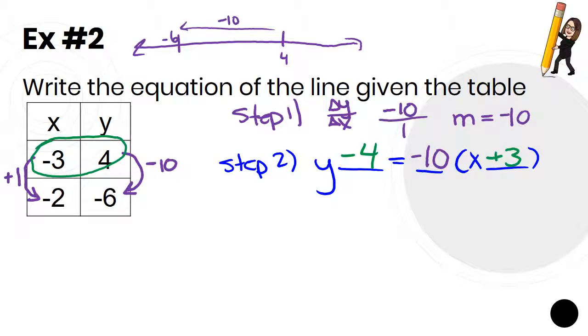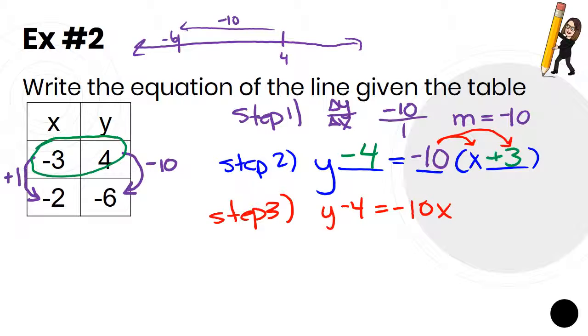So I don't need to do step 3 because it didn't say how to. But let's practice. If I'm asked to write it in slope intercept form, then I need to distribute first. So I keep the y -4, but I now have a -10x and a -30. I distributed the -10.